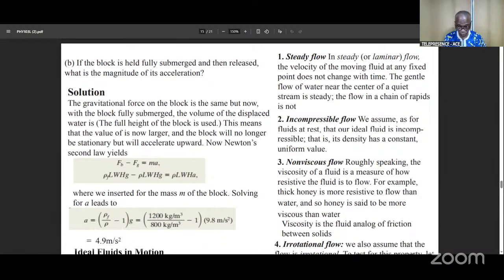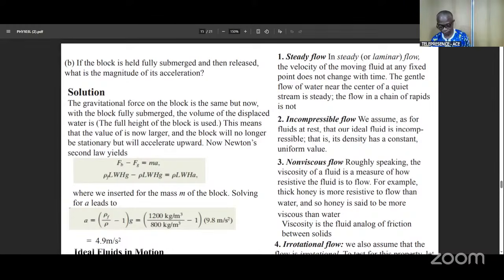For the sake of your test and exam, you must understand those terminologies. So we assume, as fluids, that our ideal flow is incompressible. Incompressible is talking about the density. The density has a constant uniform value.